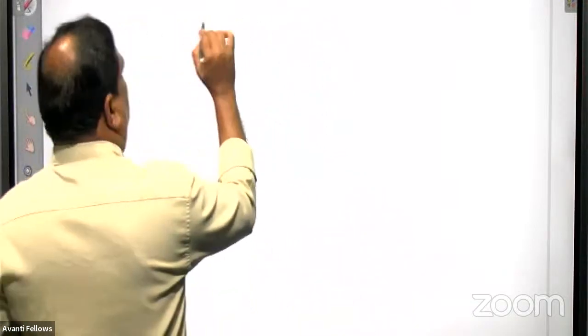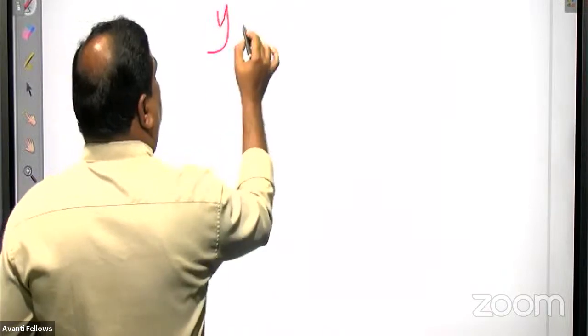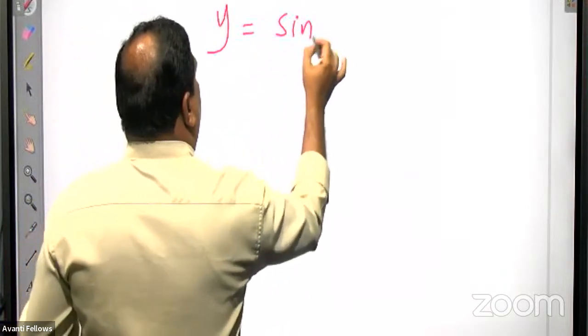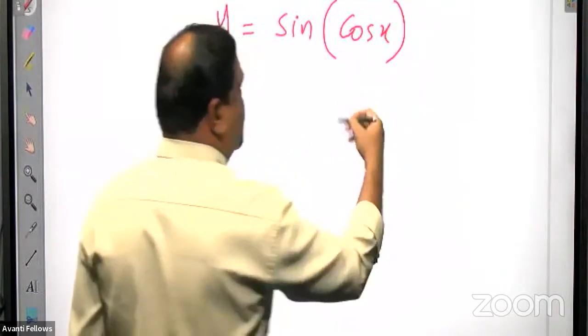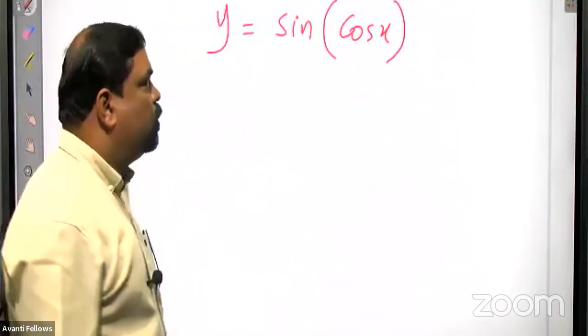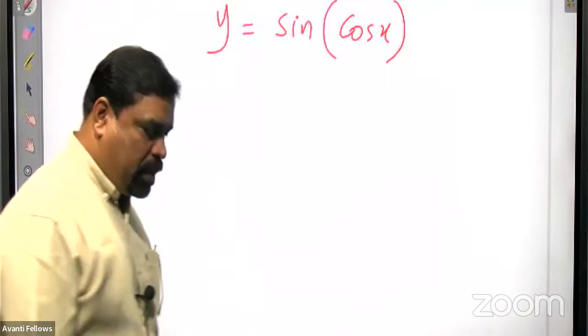Now in 12th class, the syllabus of differentiation starts from the chain rule. So what is the chain rule? Suppose we have a function f of x equal to sine of cos x.